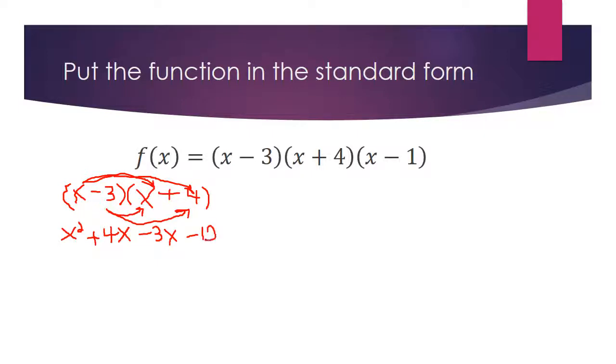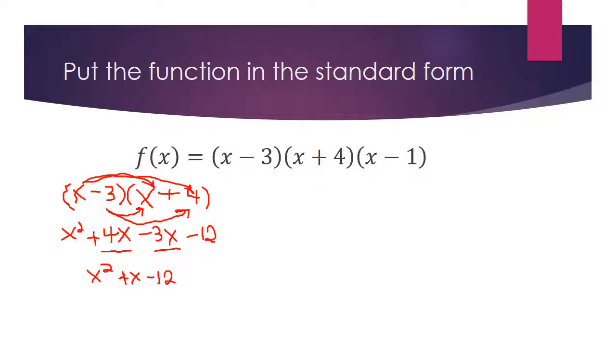Now looking at this polynomial, I know I have like terms that I can put together. So I'm going to put like terms together, and I'm going to end up with x squared. 4 minus 1 is 1. That means I'm going to end up with plus x. And then I have negative 12.